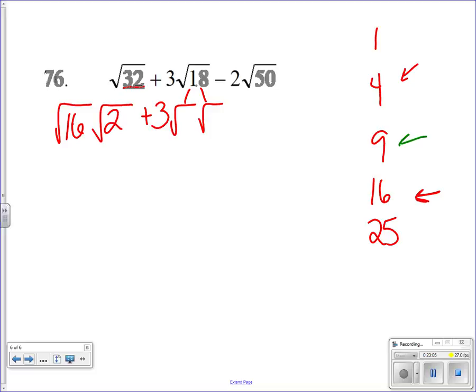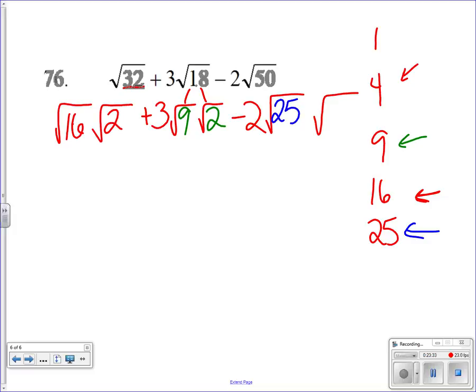So that's where we're going to throw our garbage. Minus 2, not changing that at all. Establishing our good and garbage. And then the same thing. 50 we can break up using our list of perfect squares. It's evenly divisible by 25. So we're going to throw 25 in our good and 2 in our garbage, because 50 divided by 25 just gives us 2.